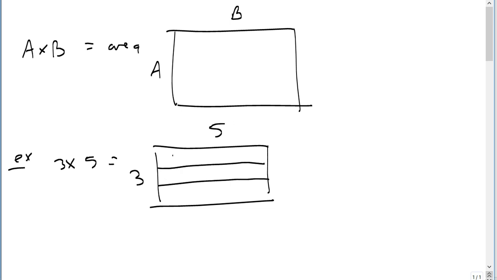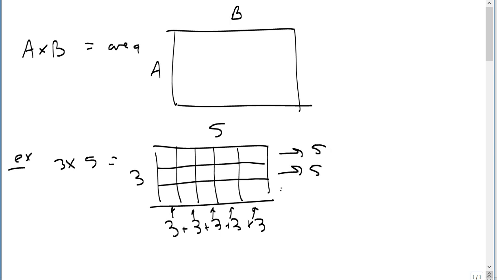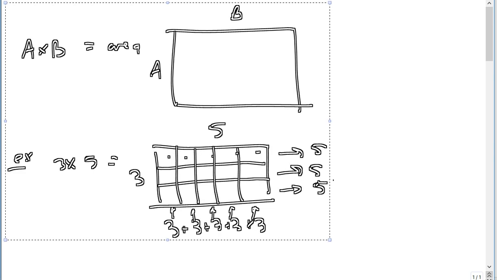Now, two things happen. First of all, if you draw in all the squares, you can see the 3 plus 3 plus 3 plus 3 plus 3 with all of these columns, but you can also see how it's 5 plus 5 plus 5, right? 1, 2, 3, 4, 5, 3 times. And this kind of helps explain why 5 threes is the same thing as 3 fives.